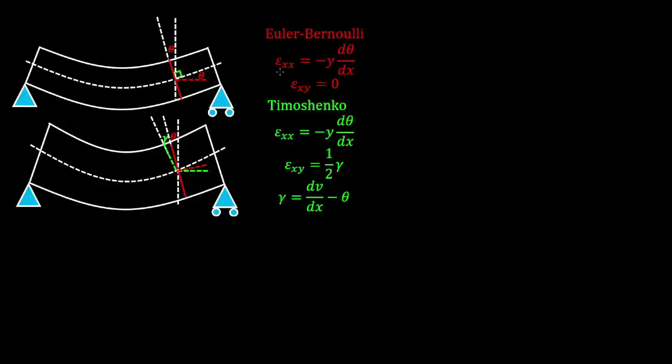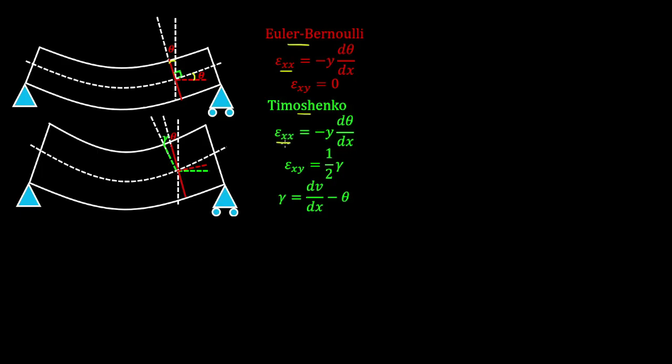So for the Timoshenko beam, the tensor strain is 1/2 of the shear strain. We derive the following strains for the Euler-Bernoulli beam and the Timoshenko beam, where only the bending strain in the Euler-Bernoulli beam causes a rotation of the neutral axes and the cross section remains perpendicular to the neutral axes before and after deformation.